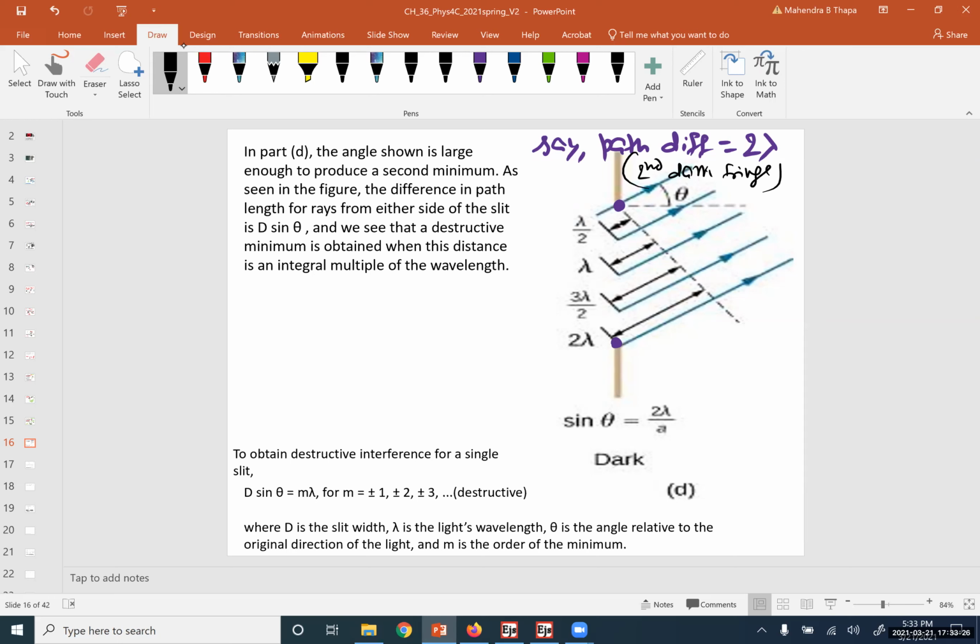If we keep doing just like that, what we observe is that to obtain the destructive interference, we figure out that always d sine theta equals m lambda.